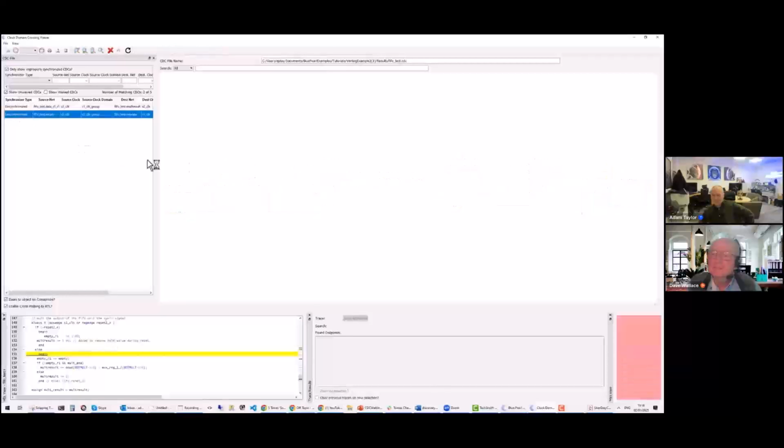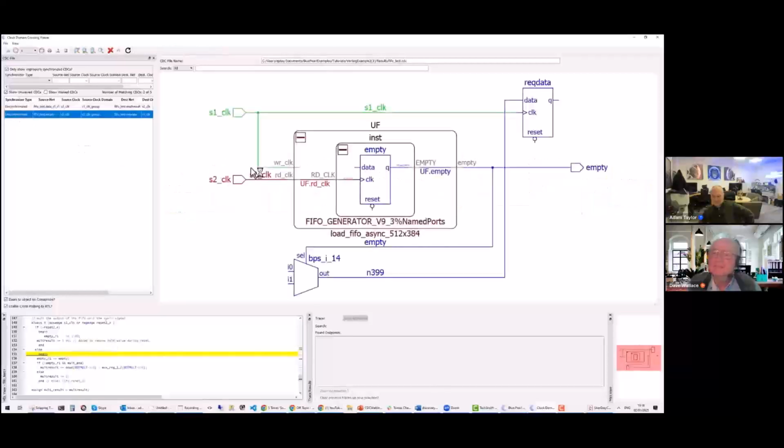The next issue is actually really interesting because it shows that the designers put the FIFO in to do the clock domain crossing and transfer the data correctly. And as we saw, the tool says, yep, you're moving the data correctly using the FIFO. However, what we see here is a slight issue in how that FIFO has been instantiated and worked with.